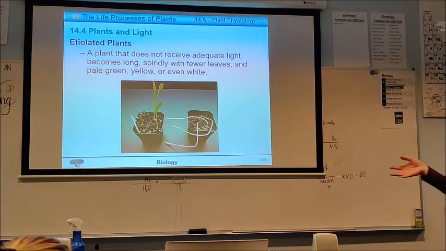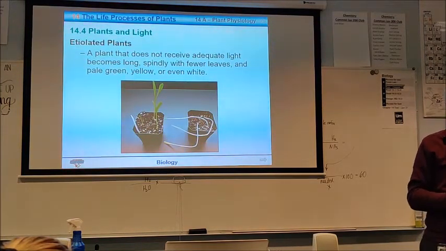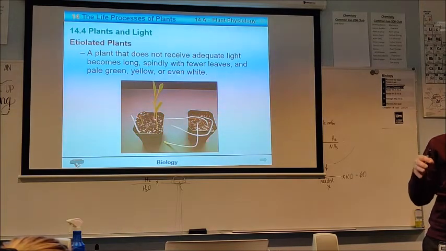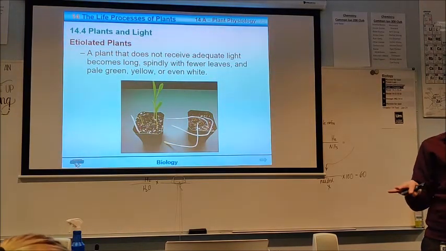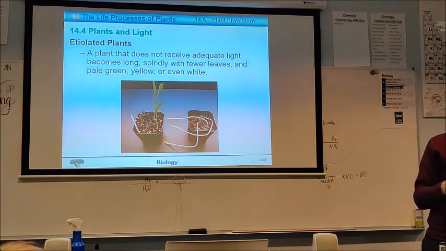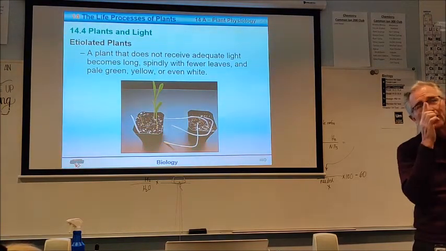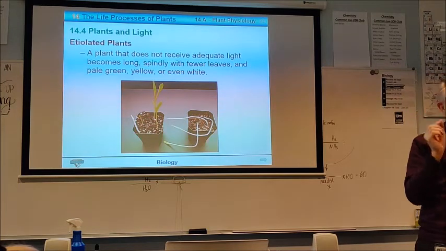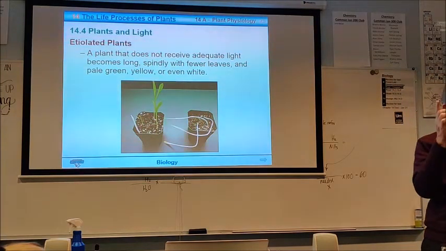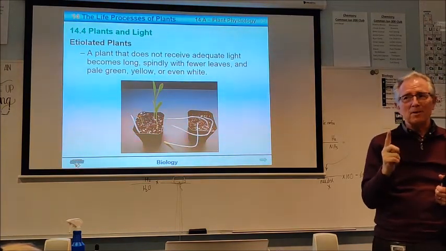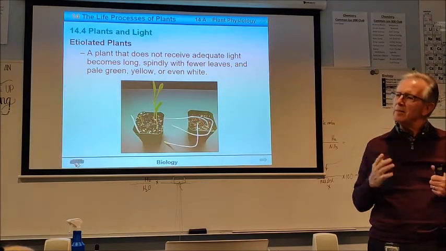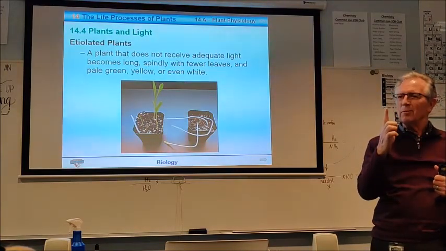Sometimes you see this happening if you have maybe a deck and you have dirt underneath your deck and some seeds sprout underneath there. The plant might grow up and there's a little bit of light between the cracks in the boards, and it will grow up trying to find that light. And sometimes they'll have enough energy to be able to grow all the way through that crack.